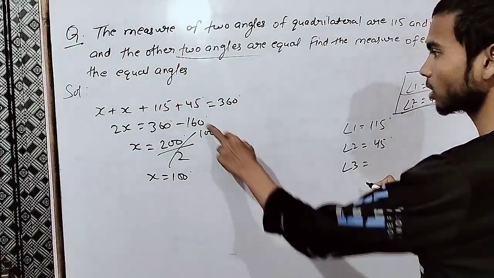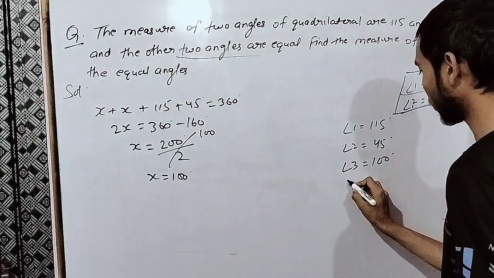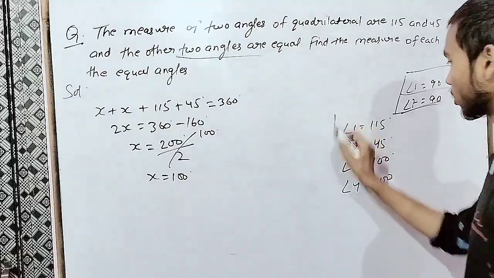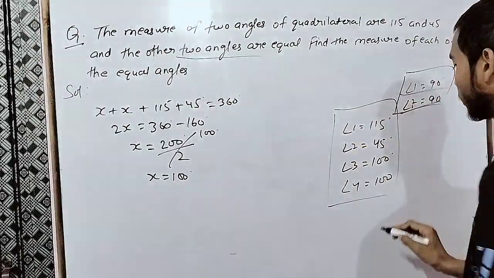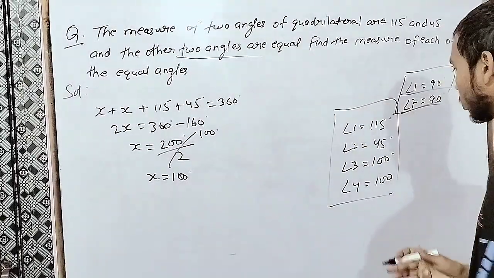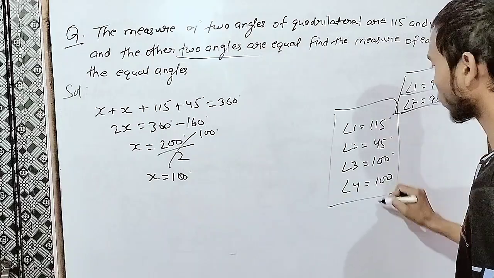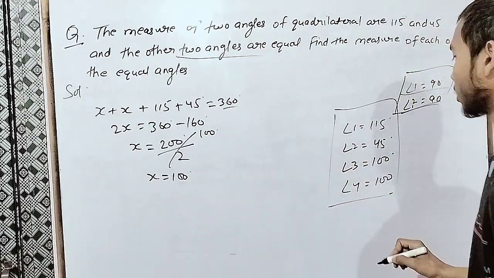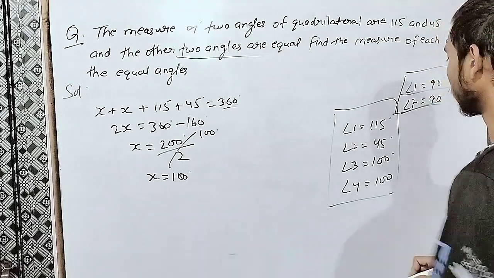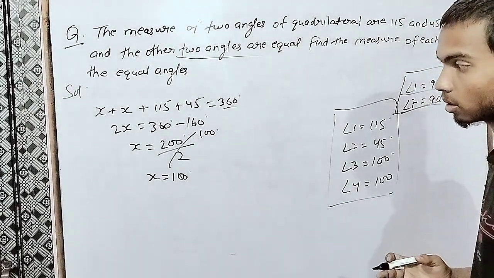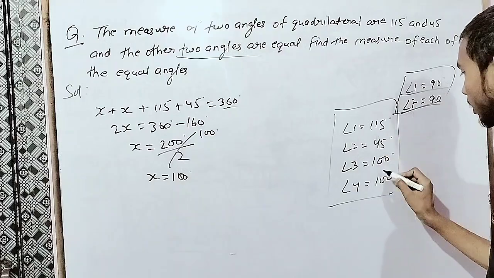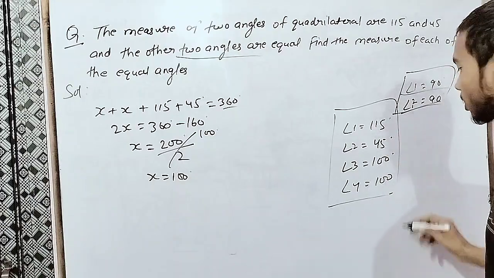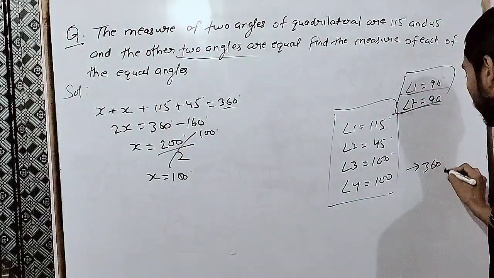The value of the third angle is 100 as well as the value of the fourth angle, which is the same, 100. Now we can check whether it is correct or not. If the sum of these four angles is 360, then we can say our answer is correct. Our case is correct. 100, 200, 300, and 60, 360, 360.